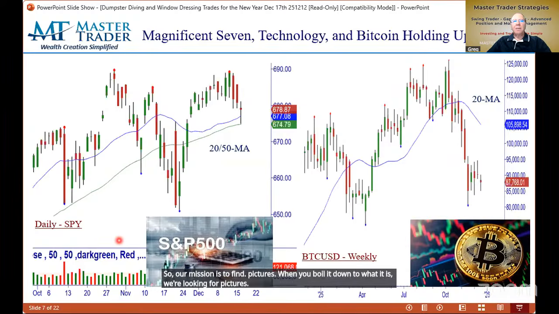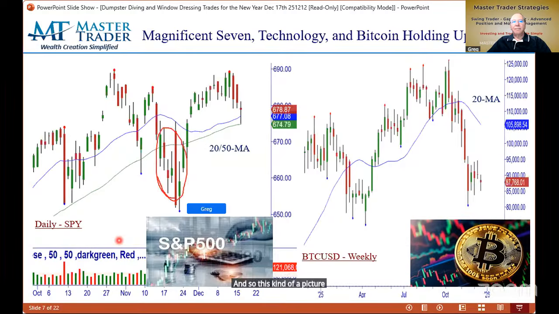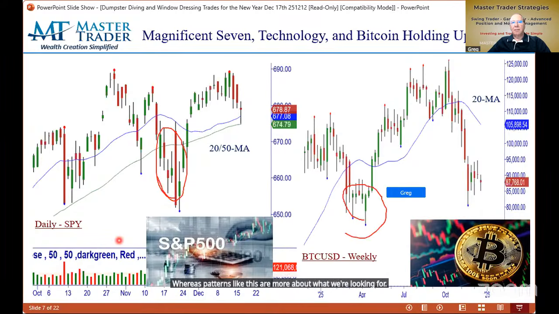This kind of picture, while it went up, is not what we're looking for. That's insane, schizophrenic, bipolar, and at times the markets get that way. Whereas patterns like this are more about what we're looking for, meaning there are these range expansion bars, these attempts to go down and come back up.